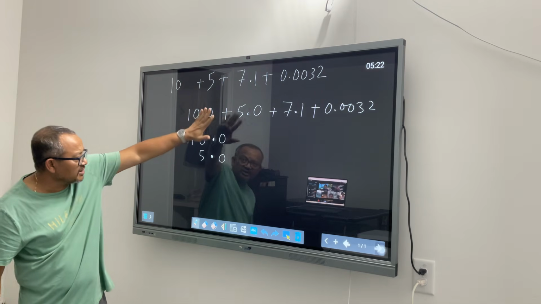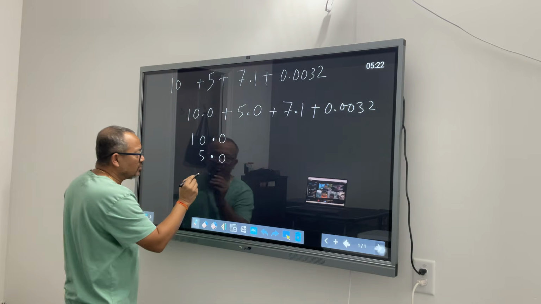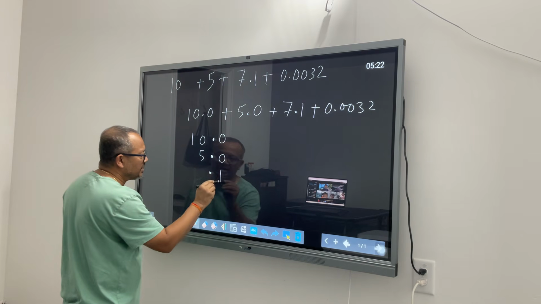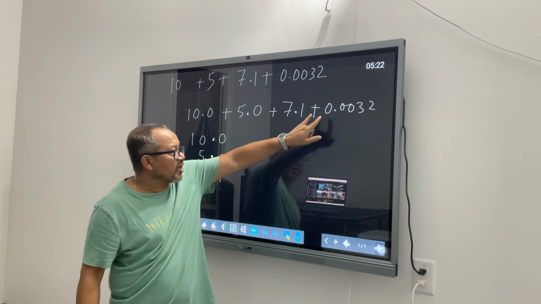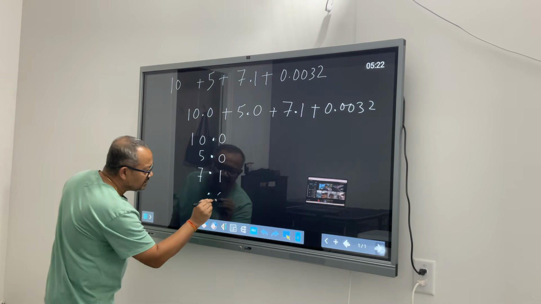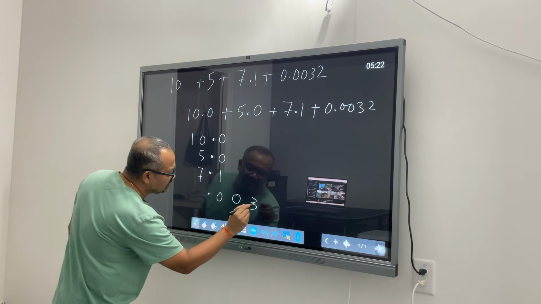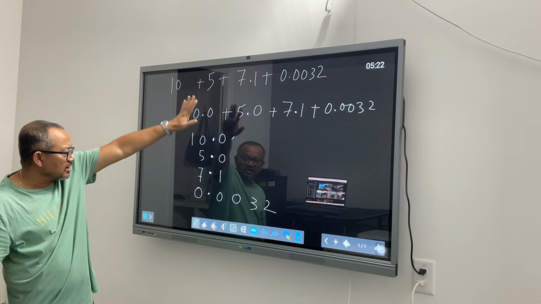I'm just trying to make sure that I write it neat and clean. Next one is 7.1. So point here, 1 here, 7 here. Next number is 0.0032. So point, 0032. I have written down all the numbers.